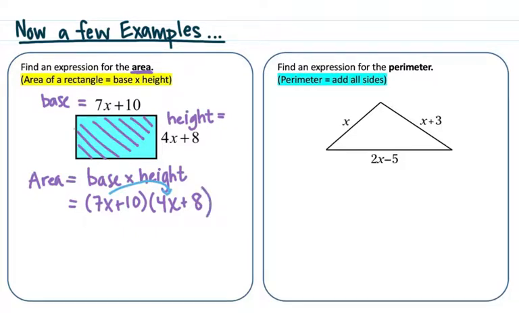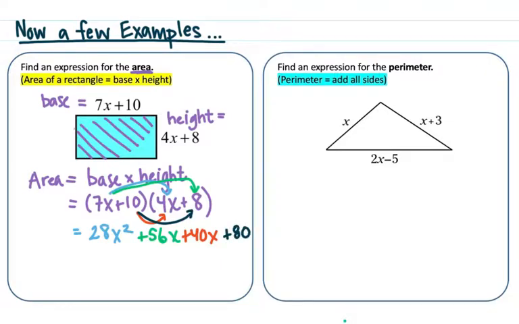So we'll do the first terms, and 7x times 4x is 28x squared. Then we'll do the outside terms. 7x times 8 is 56x. Then we can do the inside terms. 10 times 4x is 40x. And then we can do the last term, which is 10 times 8, which is 80.